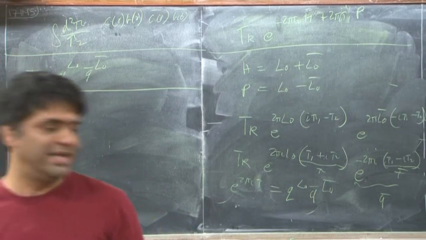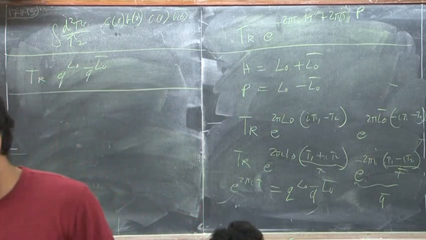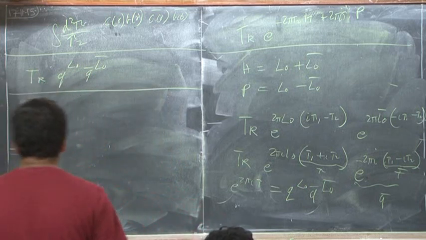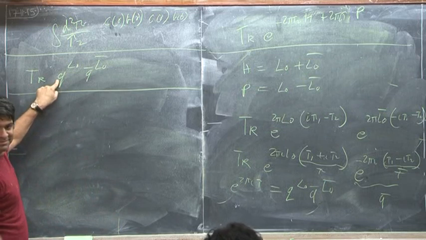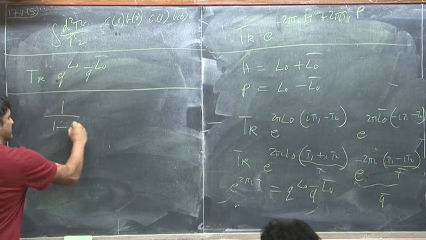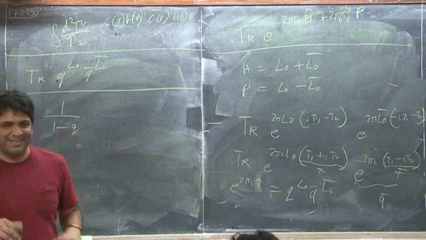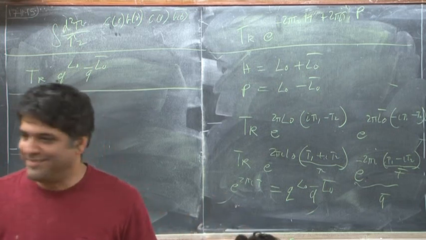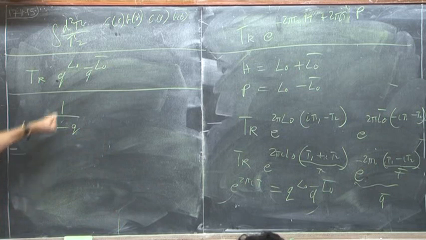The X1 coordinate has an oscillator of frequency 1, an oscillator of frequency 2, and an oscillator of frequency 3. So the oscillator of frequency 1, what's its partition function? It's clear, right?